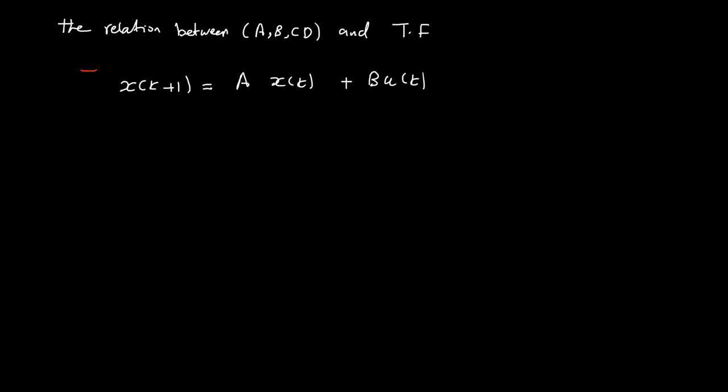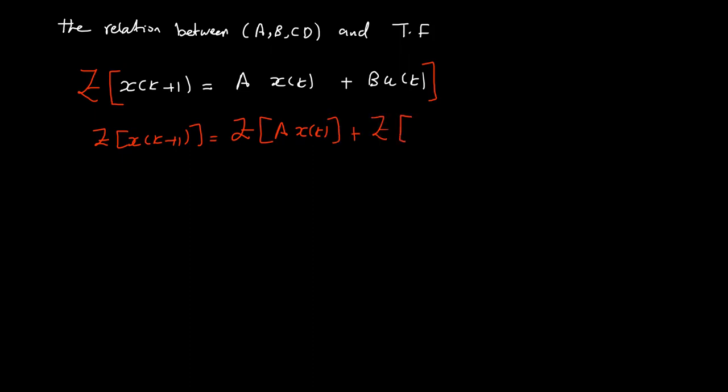Now if we are taking the z transform for this equation, according to the property of the z transform, I can distribute it. So z transform of x of k plus 1 will equal the z transform for A x of k plus the z transform for the B u of k.